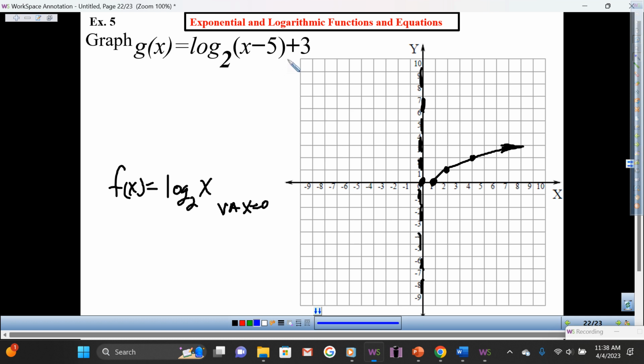Where are we moving those to, Christina? To the what? To the right and up. Yeah, 5 to the right and 3 up. However, we need our new VA, x equals. What's our new VA, Caleb?